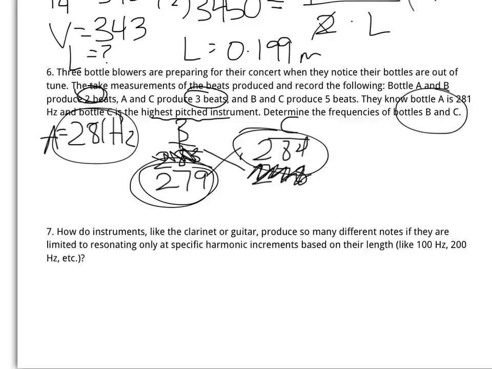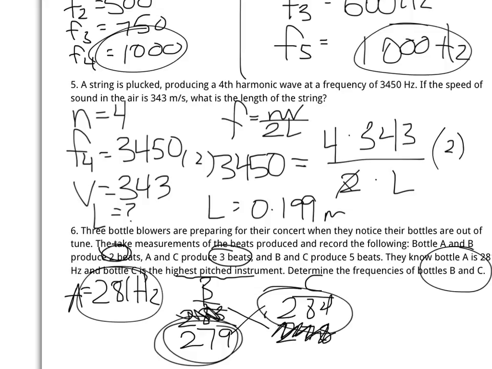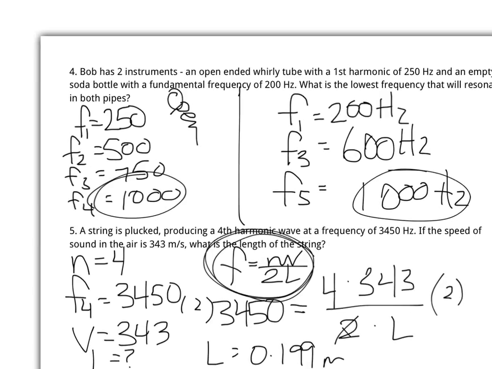Most instruments have a mechanism by which they can change length, and that's how they are able to adjust all those fine notes in between 200 and 400 hertz, for example. So it's a combination of this relationship of frequency to length and this relationship up here of harmonic increments.